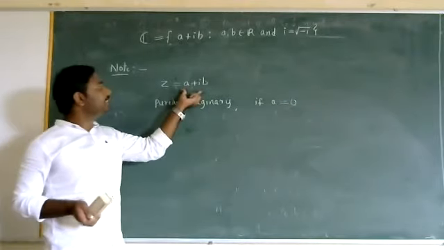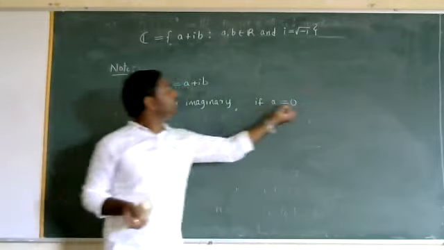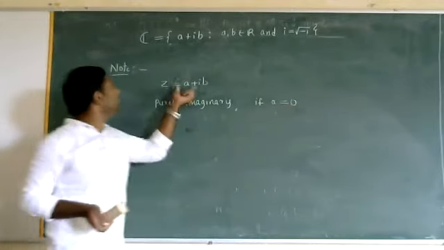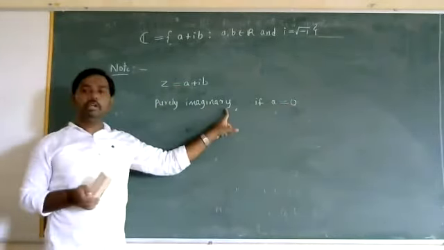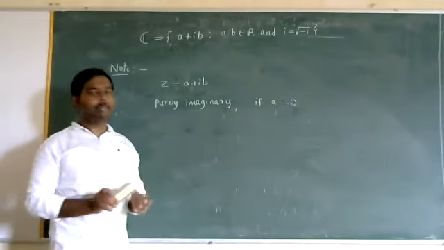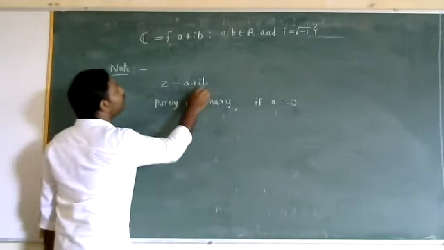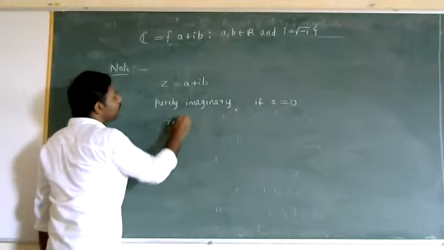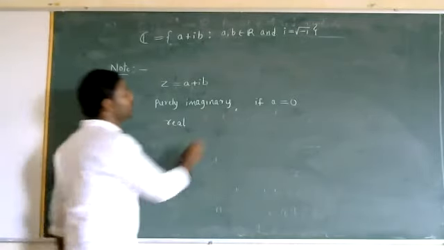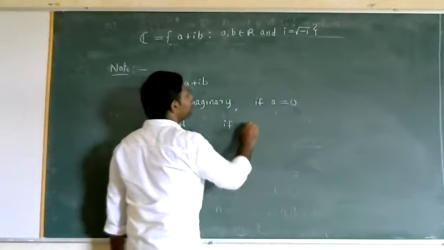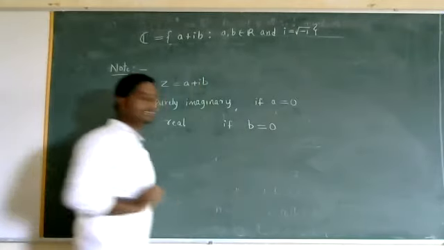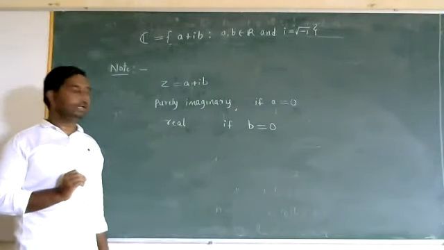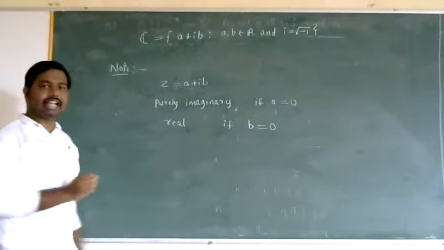In any complex number, if the real part is equal to 0, then that complex number is called a purely imaginary complex number. Similarly, any complex number is called real if the imaginary part is 0.